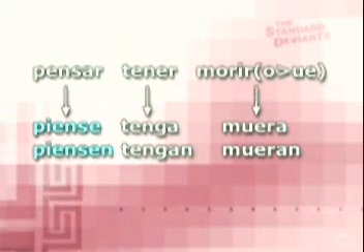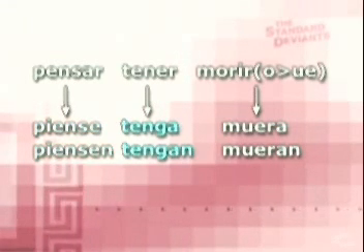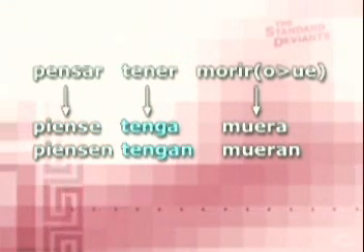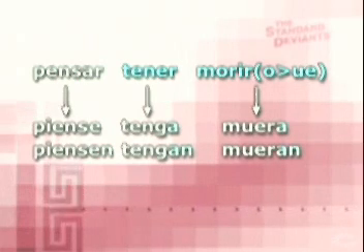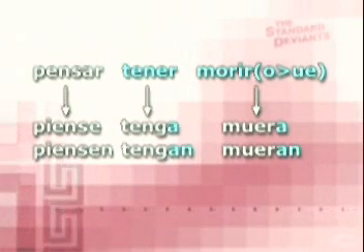Piense, piensen, tenga, tengan, muera, mueran. Remember that the AR verbs like pensar take E and EN endings, and the ER and IR verbs like tener and morir take A and AN as their endings.